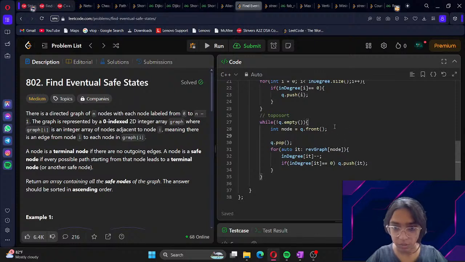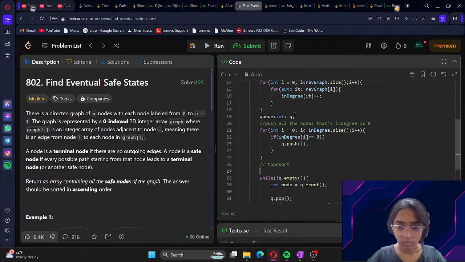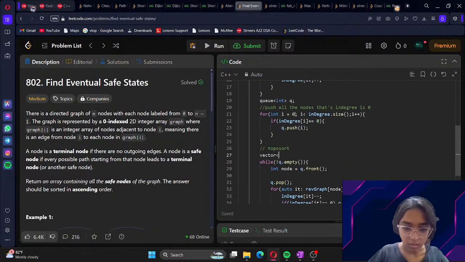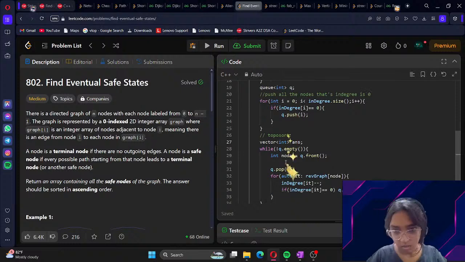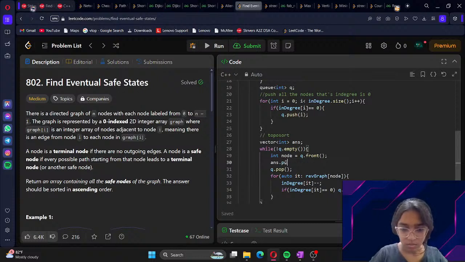Okay, here let us maintain a vector, ans dot push back node.